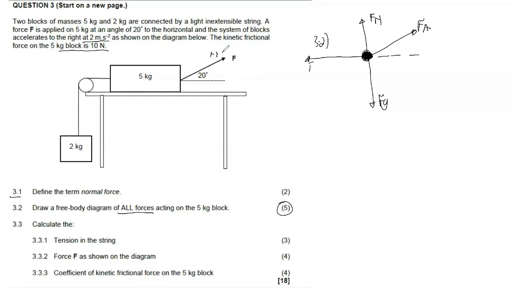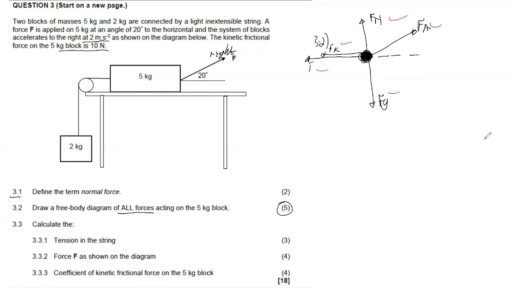Since the system is accelerating to the right, the kinetic frictional force obviously will have to oppose the motion and act to the left, right? So just like that, how many forces have we got? It's definitely 5. So 5 for 5 marks, and that's how they're going to mark. It's 1, 2, 3, 4, 5, right?